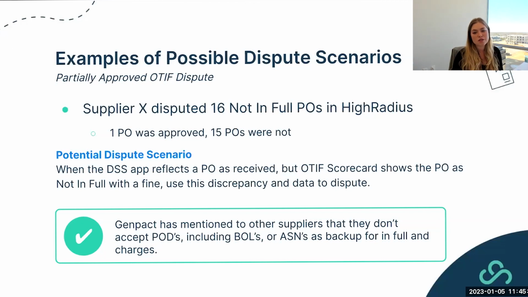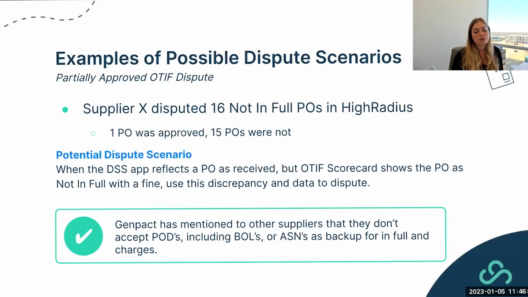Genpact has mentioned to other suppliers that they don't accept proofs of delivery, which are PODs, including bills of lading, which are BOLs, or advanced shipping notices, which are ASNs, as backup for in full charges, which is very different than if you're disputing with AP through APDP.